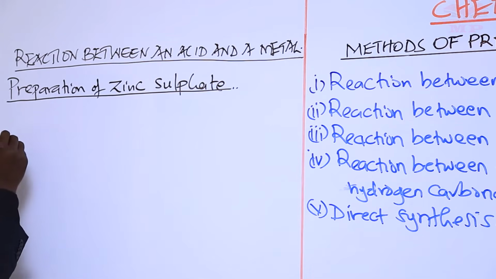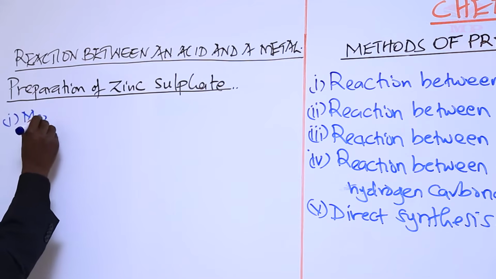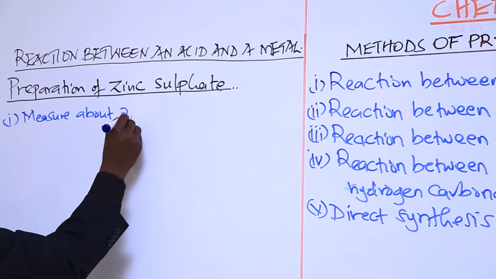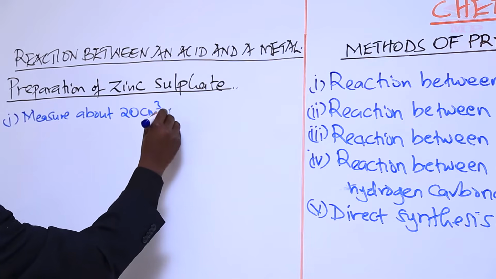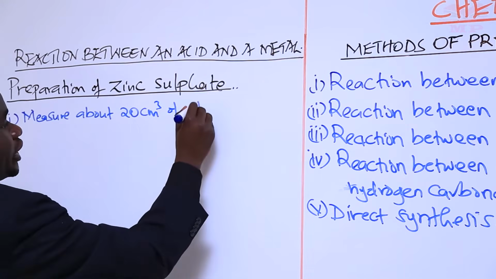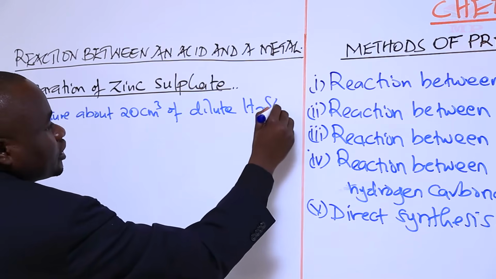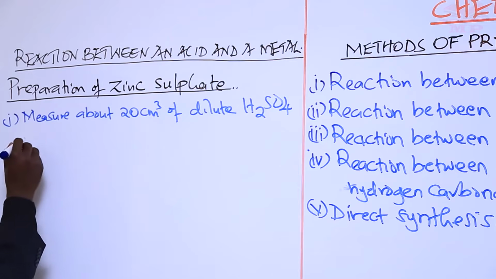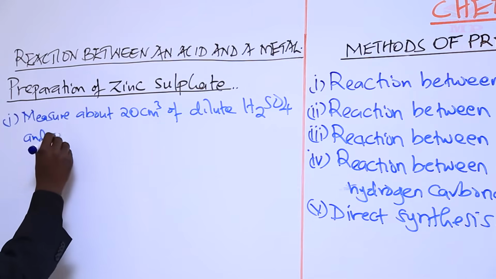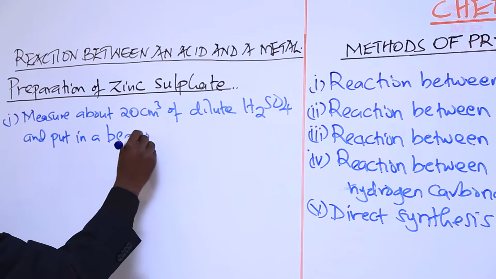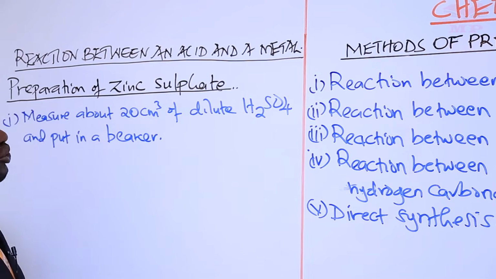This is our procedure. Number 1 is you measure about 20 centimeters cubed of dilute sulfuric acid and put in a beaker. You measure, of course, using a measuring cylinder.